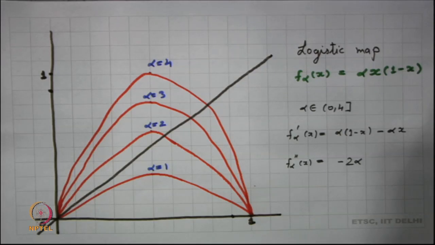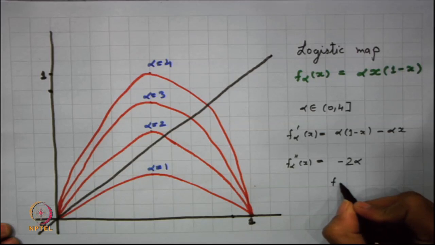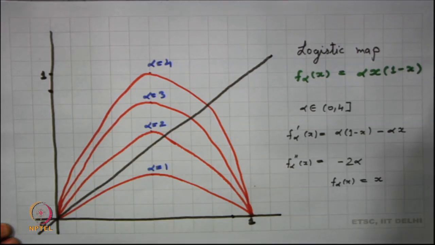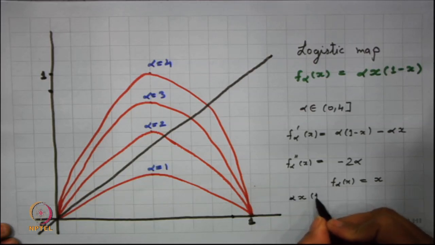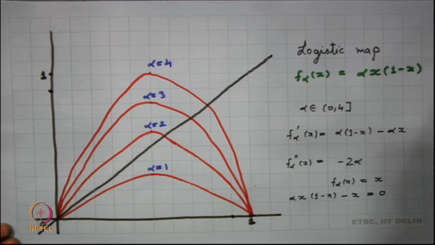Also, we want to look into whether there is any possibility of a fixed point here. So, we are trying to look into what happens when f alpha of x is equal to x. What equation are we solving? We are solving alpha x times 1 minus x minus x equal to 0, and what values does this give for x?